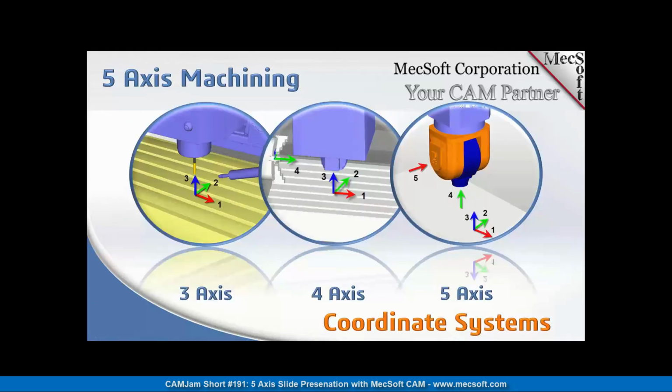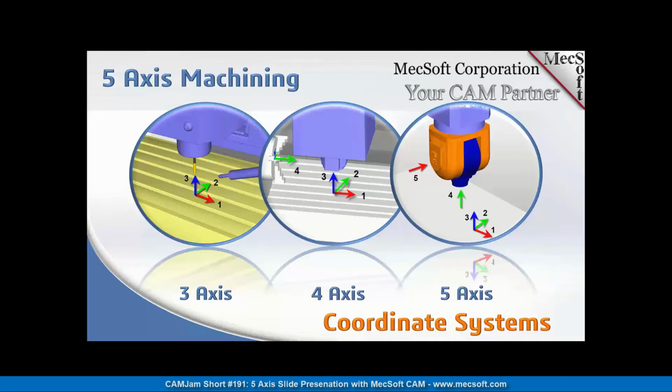Now, the first thing we want to talk about is the different coordinate systems in a 5-axis machine. And what you see here on the left, you have a typical 3-axis setup where you have X, Y, and Z meaning the three primary axes in 3-axis. In the middle, you have a 4-axis setup.